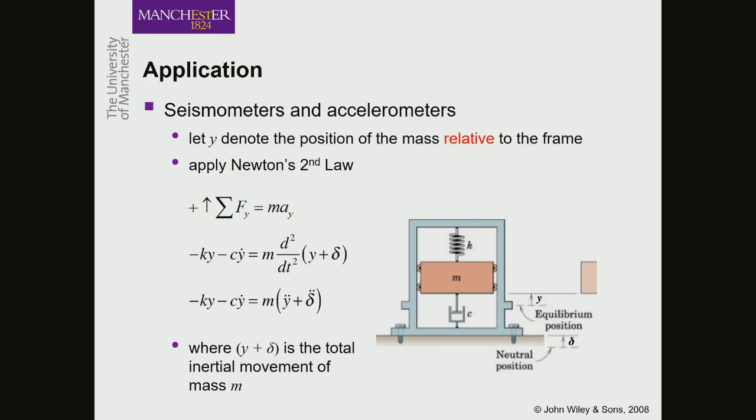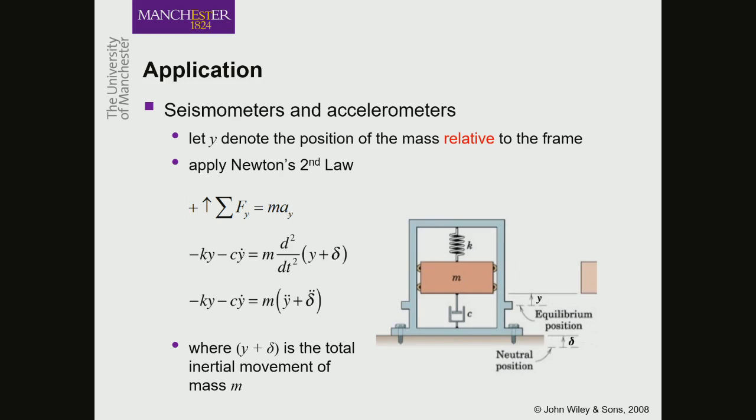And you can see we have a spring and damper in the system. When we apply Newton's law to the system, considering the displacement of the mass under an applied external displacement of delta, it will be y plus delta, because delta is coming from the ground, and the mass probably will also have an extra displacement.